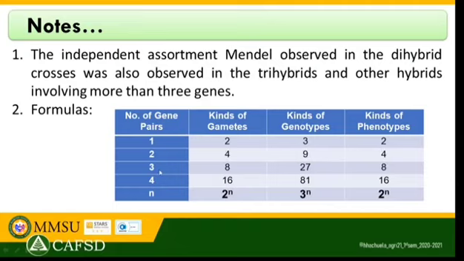Okay? If there are 3 gene pairs, we have 8 gametes, 27 genotypes, and 8 phenotypes. Okay? I hope that is clear. So the formula is, if there are n gene pairs, there are 2^n gametes, 3^n genotypes, and 2^n phenotypes. Okay?